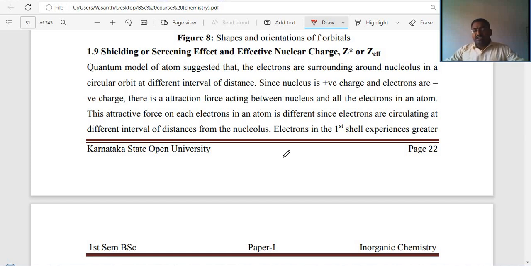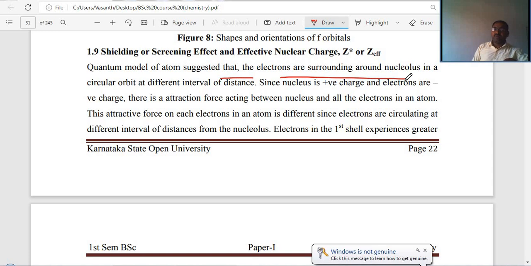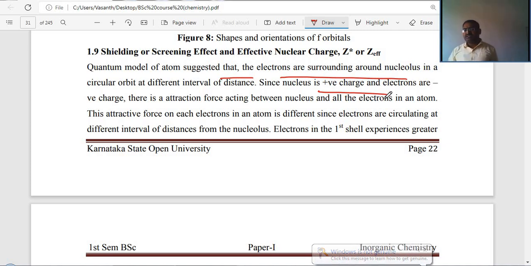What is the shielding or screening effect and effective nuclear charge? The quantum model suggested that electrons surround a nucleus in circular orbits at different intervals of time or different distances. The nucleus is positively charged, because it consists of protons and neutrons.